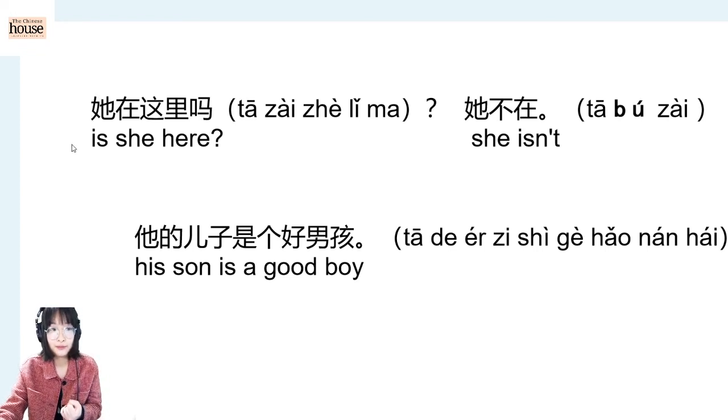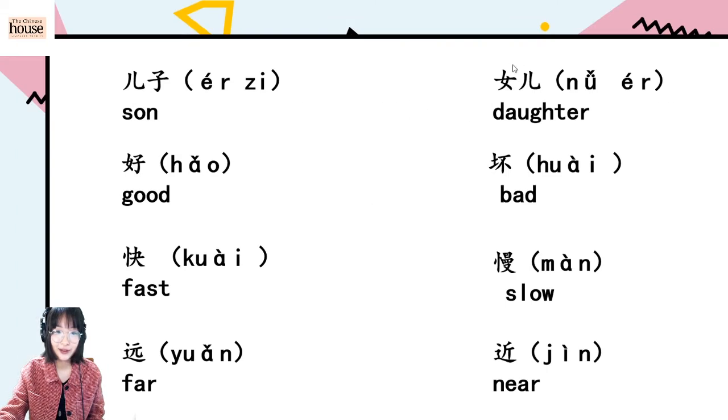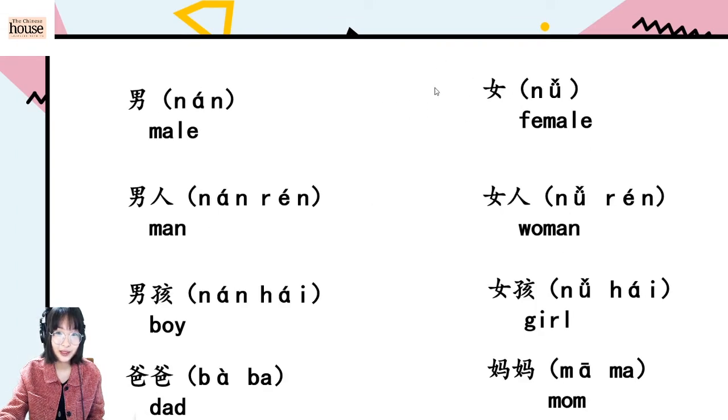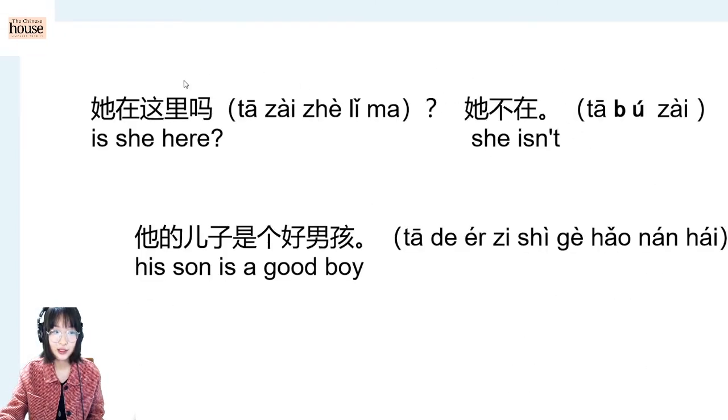This is she because you see half of this character is 女, which we just learned. 女 means female and this is just half of this character. 在 means exist or at, 这里 here, 吗 you put after a question sentence to show that you're asking. 她在这里吗?